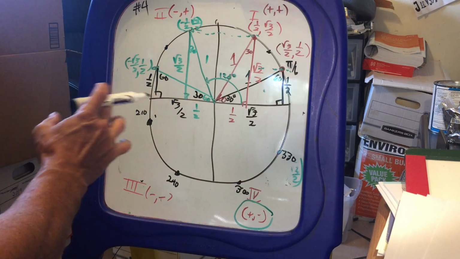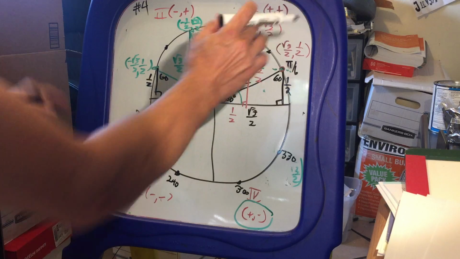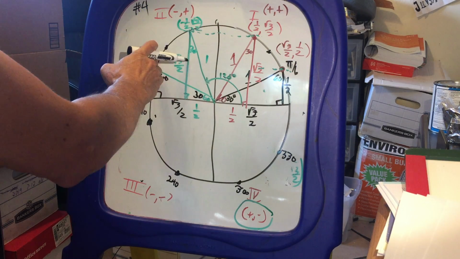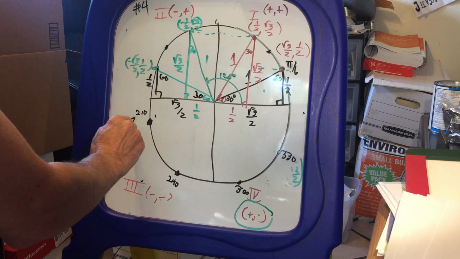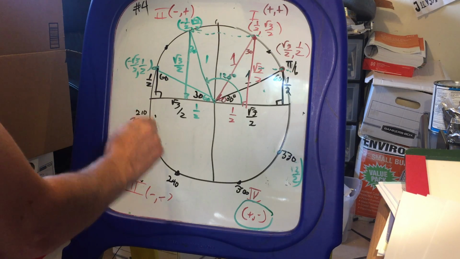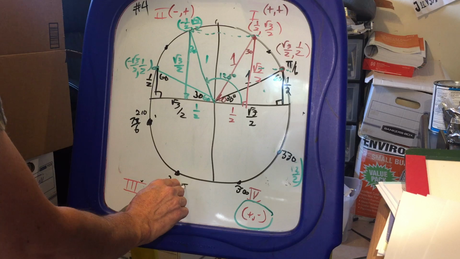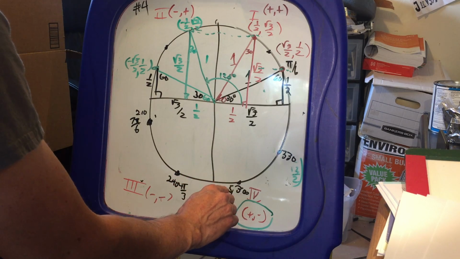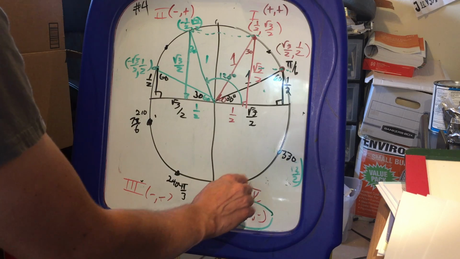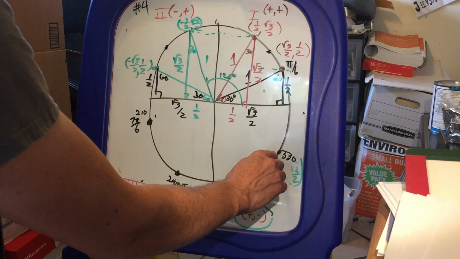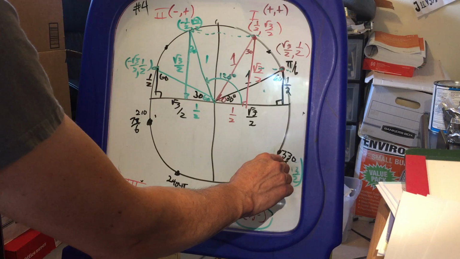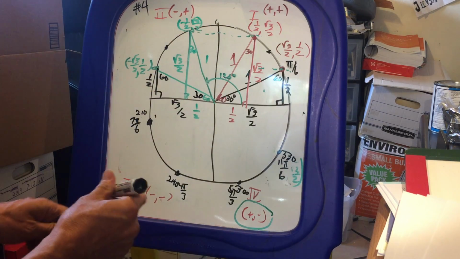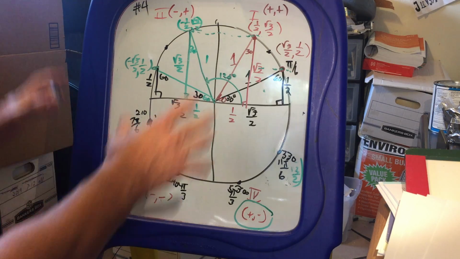All of the radian measures of those as well: 1 pi over 6, 2 pi over 6, 3 pi over 6, 4 pi over 6, 5 pi over 6, 6 pi over 6, 7 pi over 6, 8 pi over 6, which is 4 pi over 3, 9 pi over 6, 10 pi over 6, which is 5 pi over 3, 11 pi over 6, 12 pi over 6, back to 2 pi, but that's from a different video, but still, it all goes together.